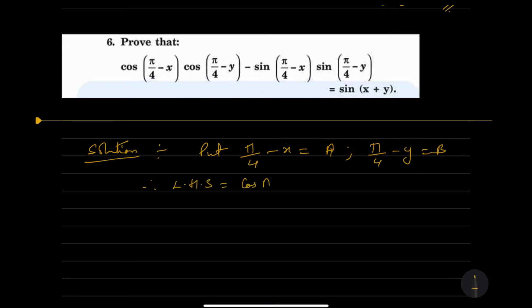LHS is equal to cos a into cos b minus sin a into sin b, which is equal to cos of a plus b.